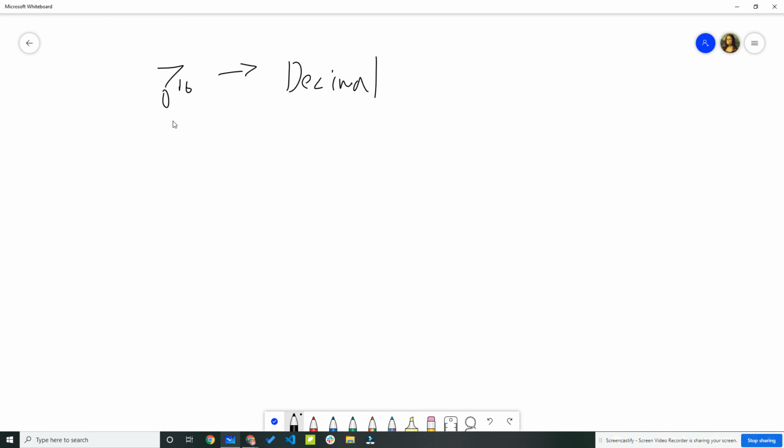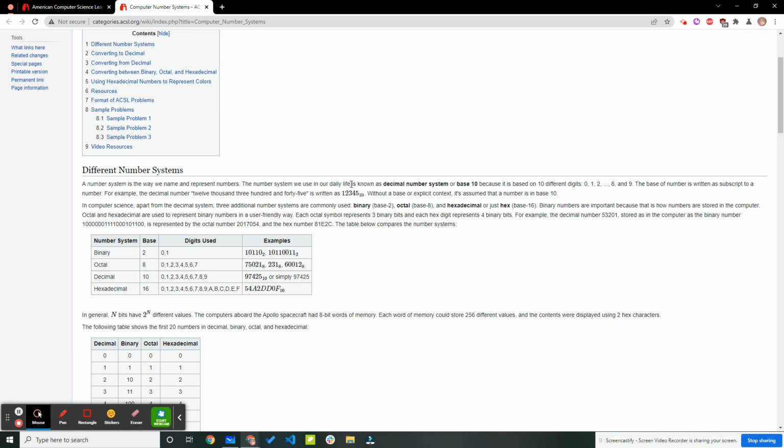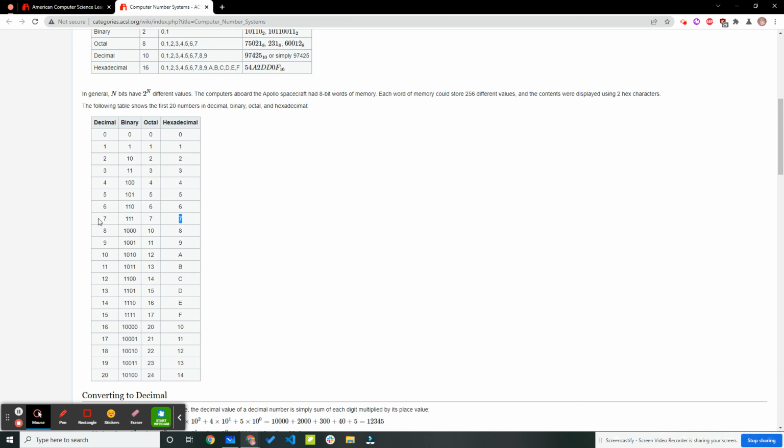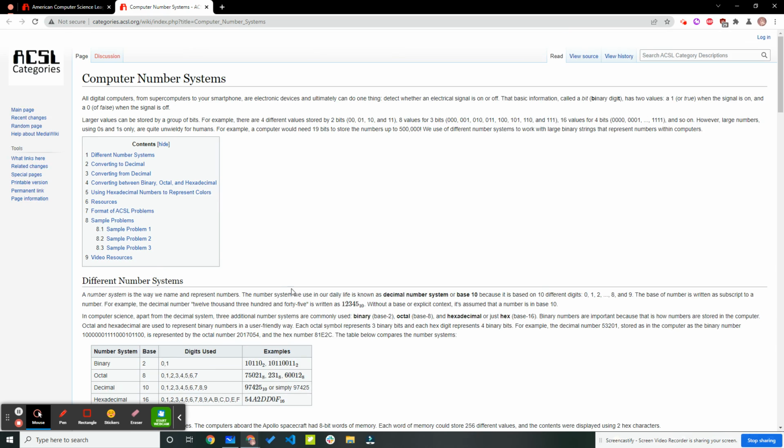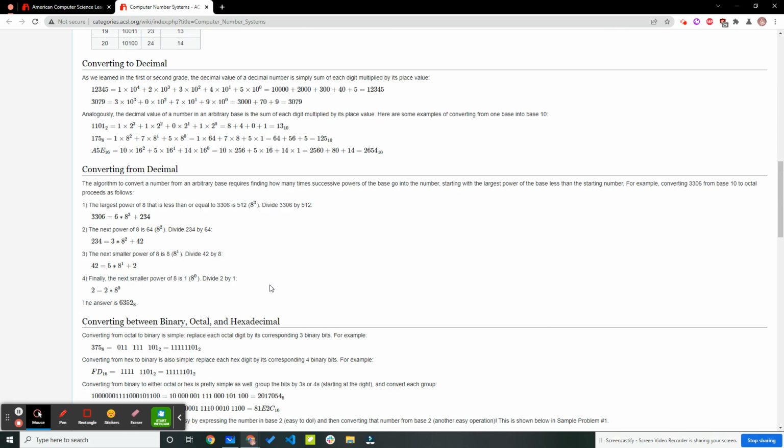Since this is the 0th place, you do 7 times 16 to the 0th, which is 7 times 1, so that's 7 in decimal. When you check on the graph, yes, it is 7. In this example, it's using letters too, so you would do the powers of the places and just solve like that. That's for today's video.